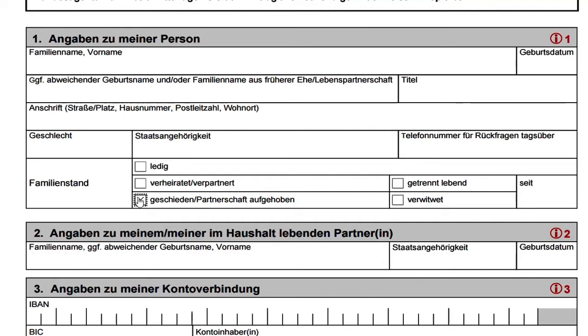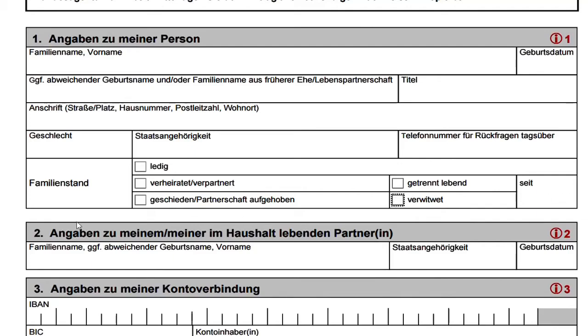If you live separately from your spouse or from your civil partner, you mark here with a cross, and here you write since when. If you're widowed, you mark here with a cross, and here you write since when.